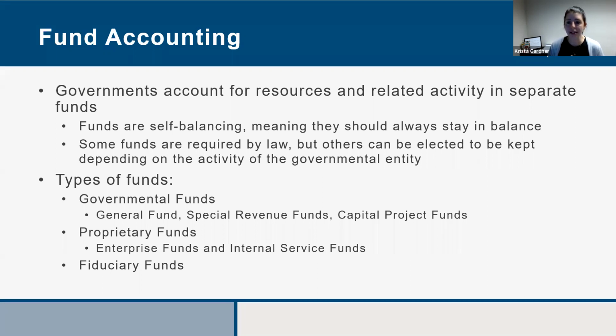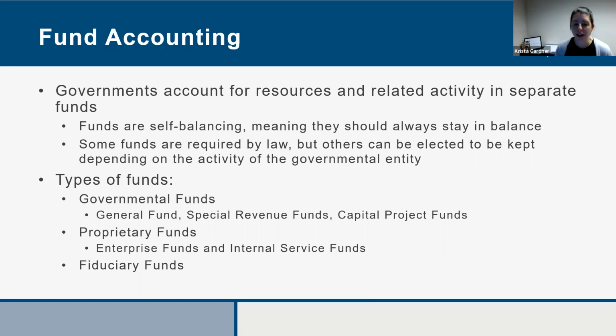We want to make sure that all of the activity is in each correct fund. Essentially, if we're debiting a fund, there should also be a credit, making it stay in balance. Some of these funds are required by law, but others can be elected to be kept depending on the activity of your entity: what activities you have, what programs you have, what services you provide, etc.